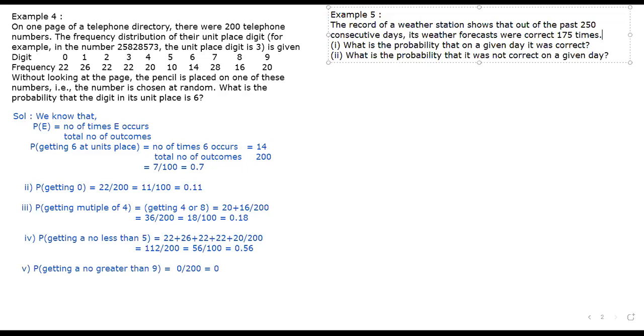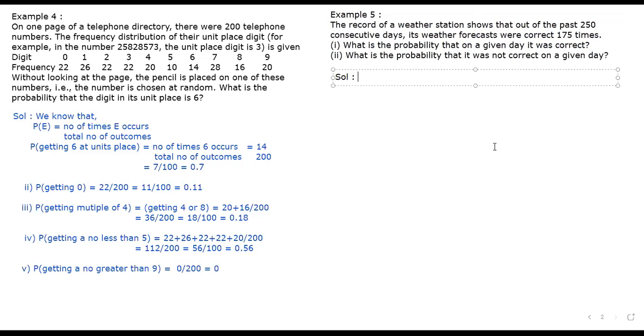Now, what is the probability of getting a correct forecast? 175 upon 250. And what is the probability that it was not correct? 75 upon 250. Correct. Do we understand? Yes, sir. So first we'll find the number of incorrect forecasts and then write our formula. Yes or no?